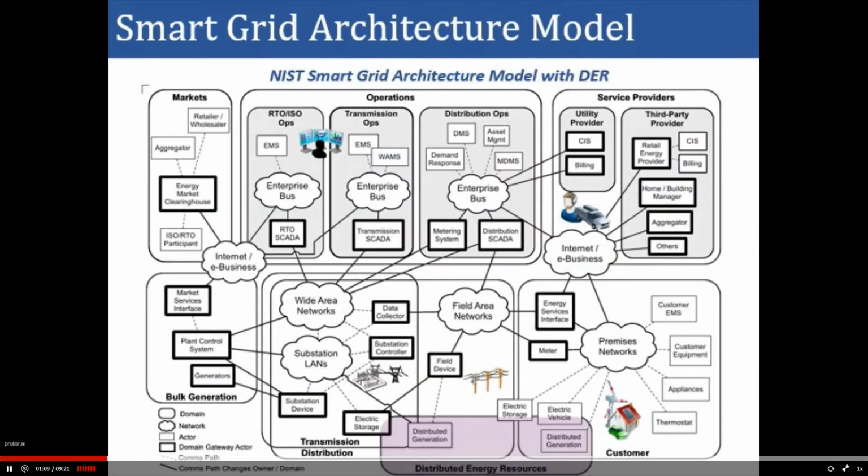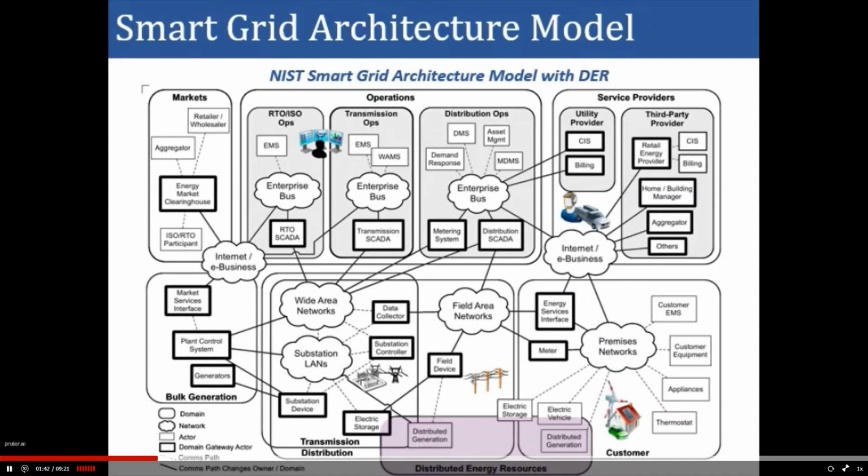We also discussed the NIST architecture on smart grid, which includes distributed energy resources also. And we saw that the NIST domains, that is market, operations, service provider, customer, transmission, distribution, and generation, are utilizing the five layers which we discussed previously to share the data across the domains.